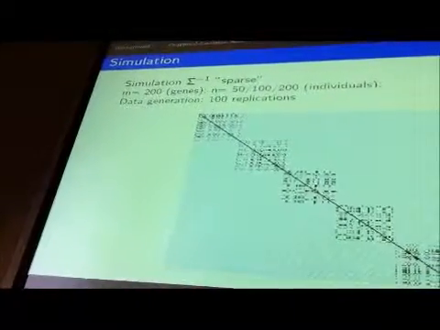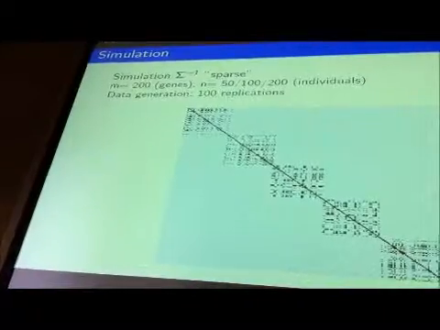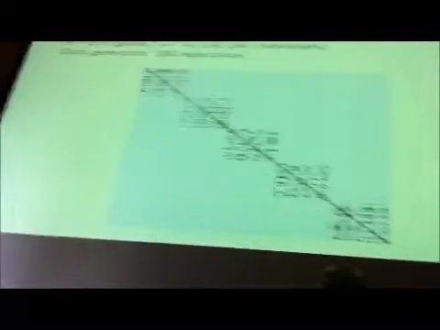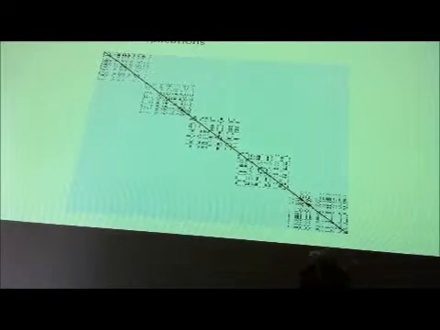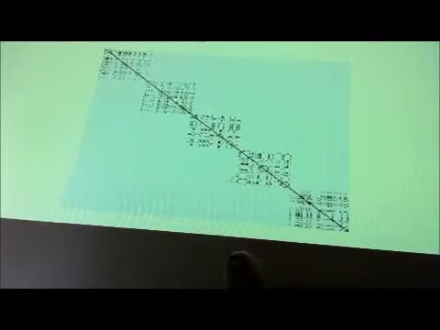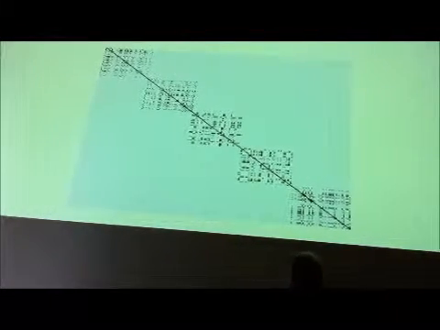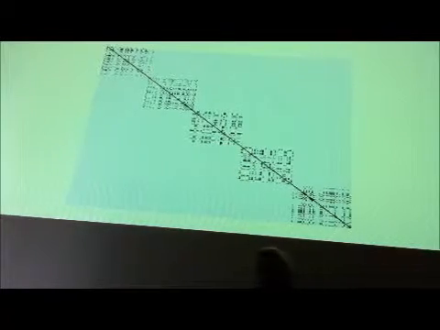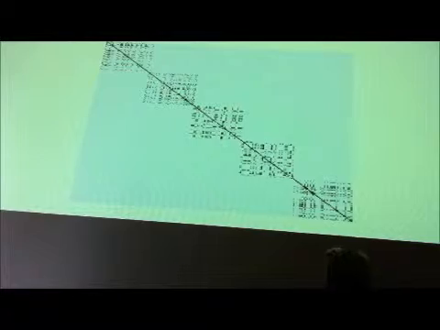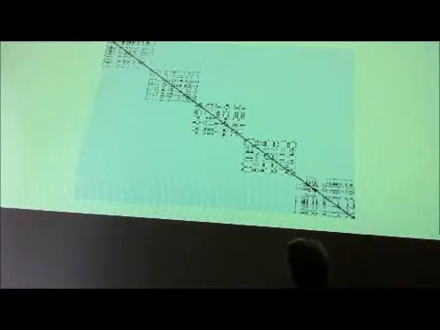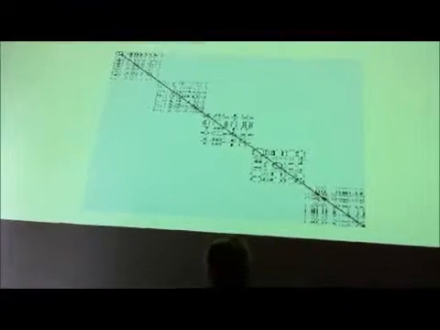In the simulation, the inverse covariance matrix was sparse with 5 blocks, as you can see here, so 5 modules of genes highly connected. We fixed the number of genes at 200 and considered different sample sizes, 50, 100, 200 individuals. And for each case, we generated 100 microarray datasets.